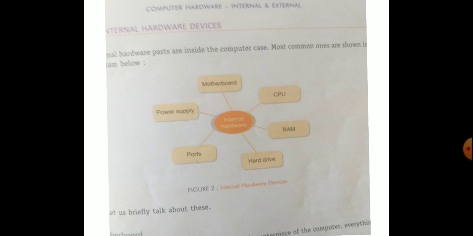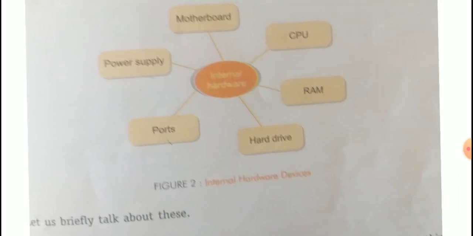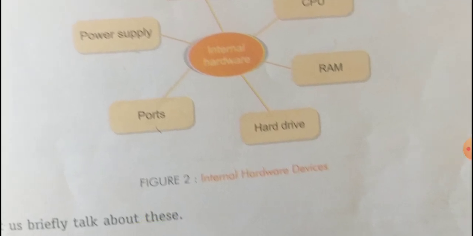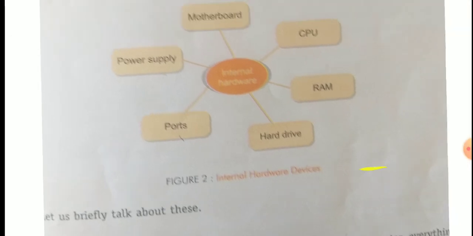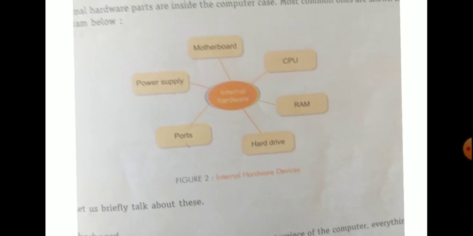Here the commonly used internal devices are given: motherboard, CPU, RAM, hard disk, ports and power supply. This is a mind map for internal hardware device.